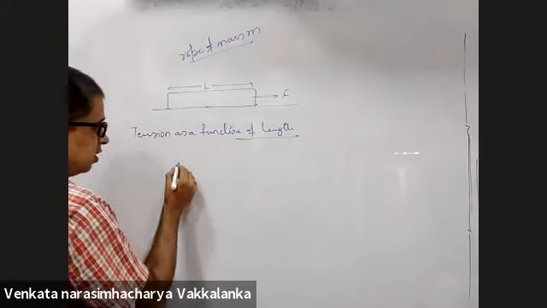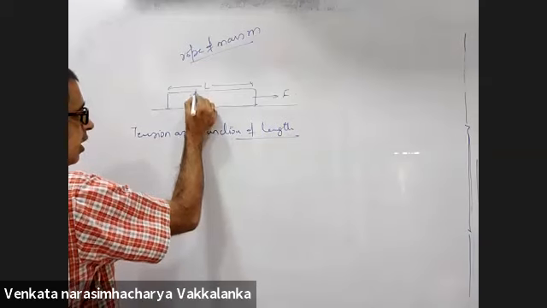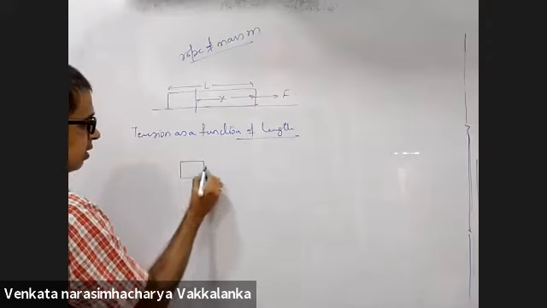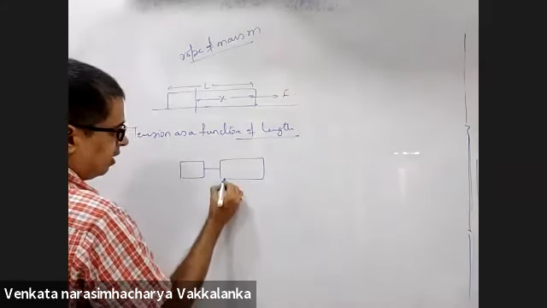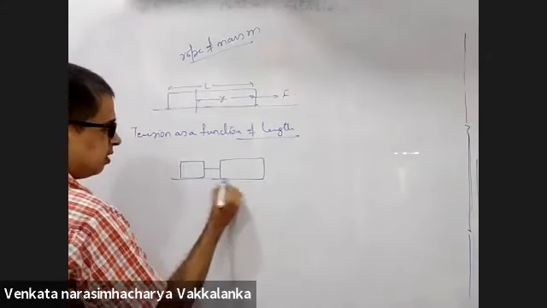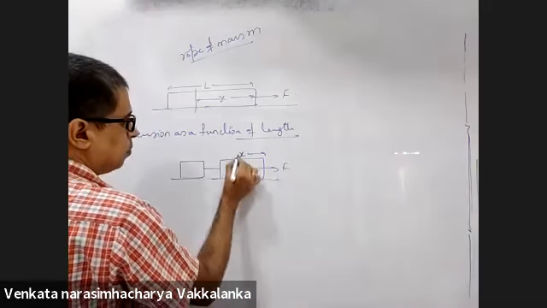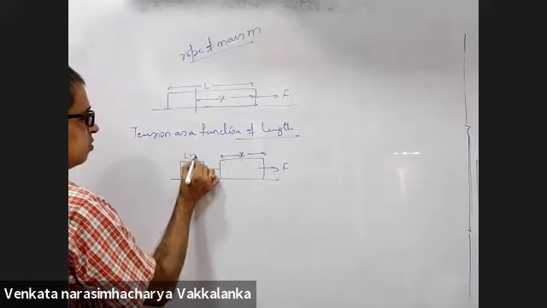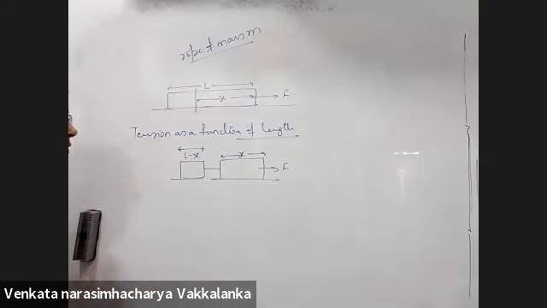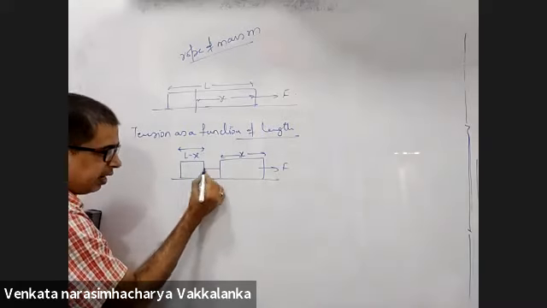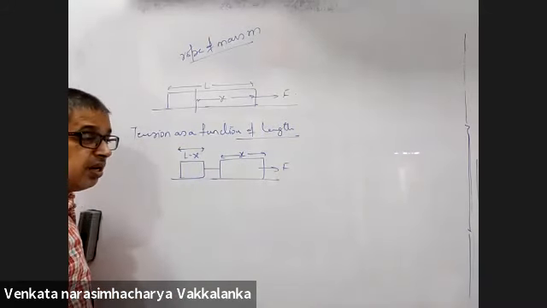One way of doing it is, suppose I want it at a distance of x. Split the material at a distance of x and connect a string of negligible mass.